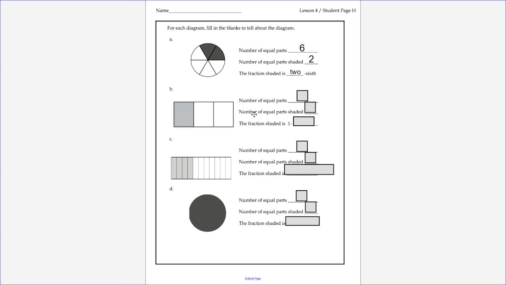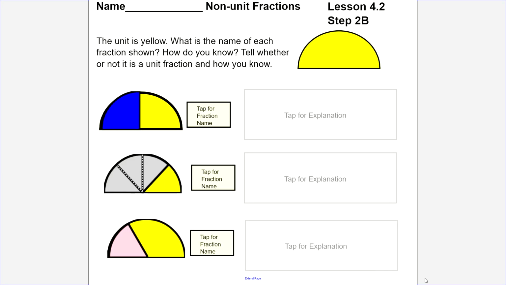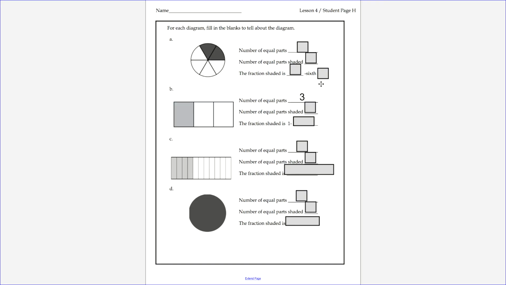Now look at figure B. What is the total number of equal-sized parts? Oh yes, there are clearly 3 equal-sized parts.